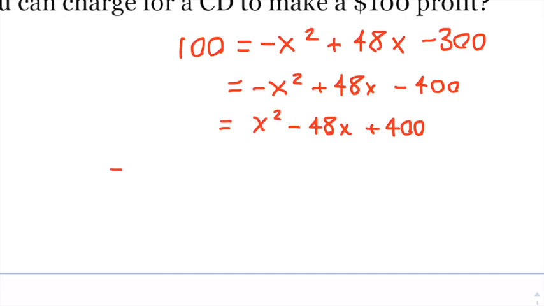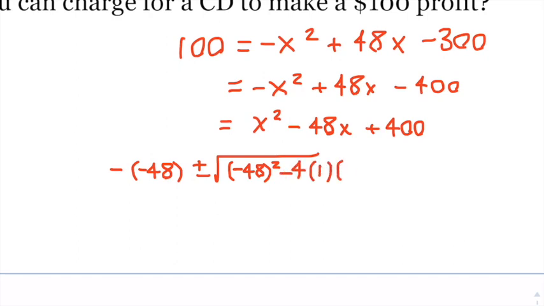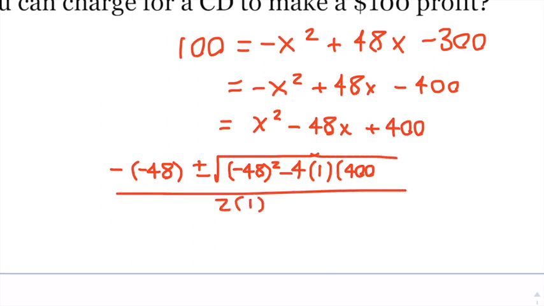So my b is negative 48, so that'd be negative 48, and then plus or minus the square root of negative 48 squared, and then minus 4 times 1 times 400, and all divided by 2 times your a value, which is 1.